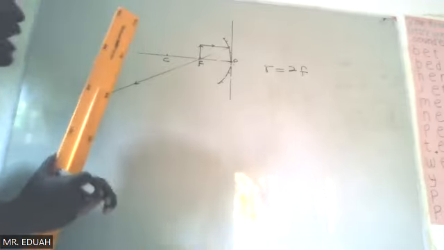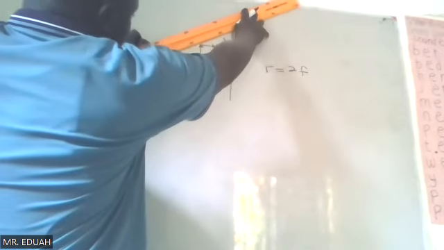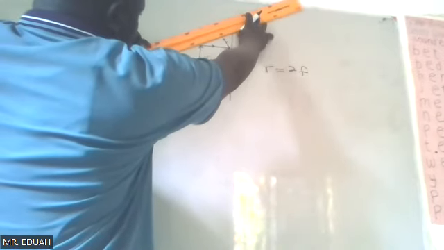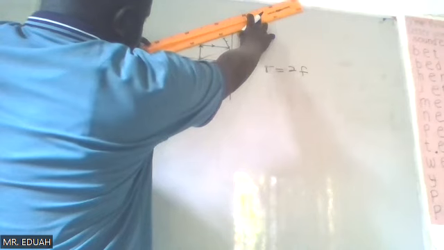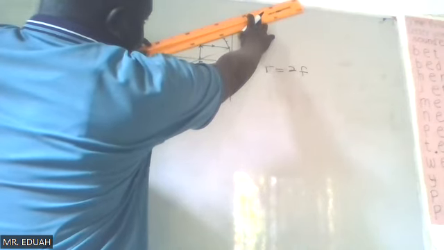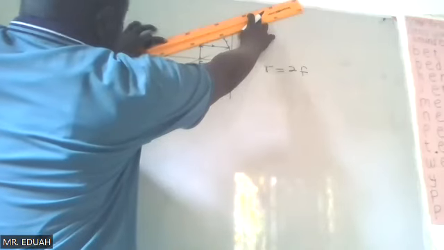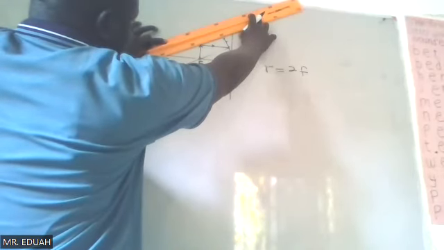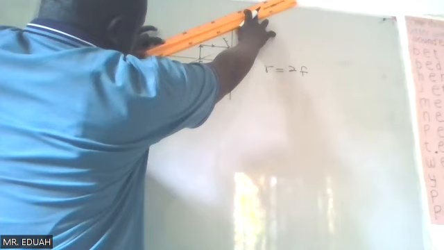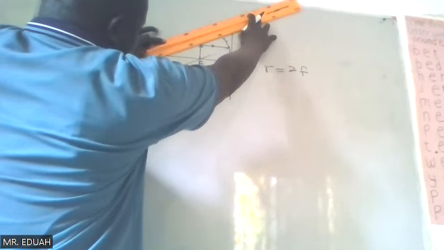But we can apply the other two rules. That a ray hitting the mirror at 90 must reflect along the same path. We can apply this rule.